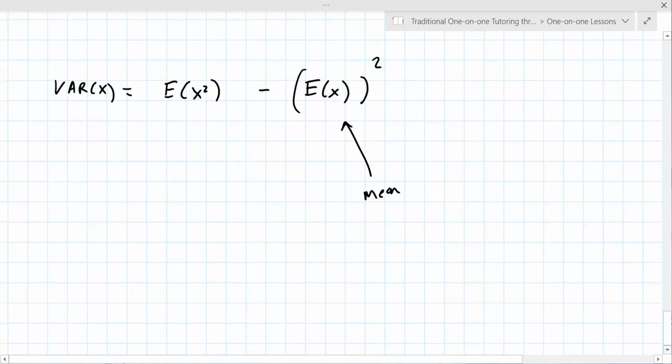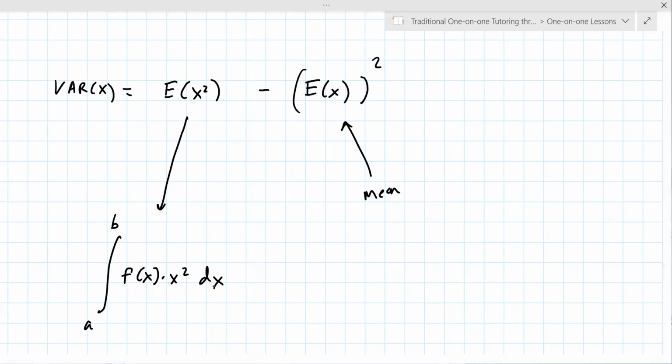And then this part right here is the integral from a to b of f of x times x squared dx. So this one on the right is the number we just found. We have to calculate a new number to get the answer here.